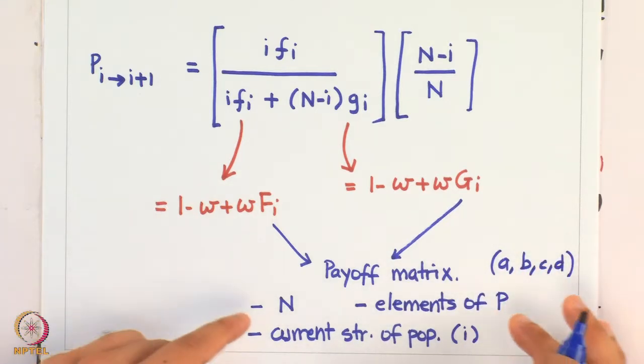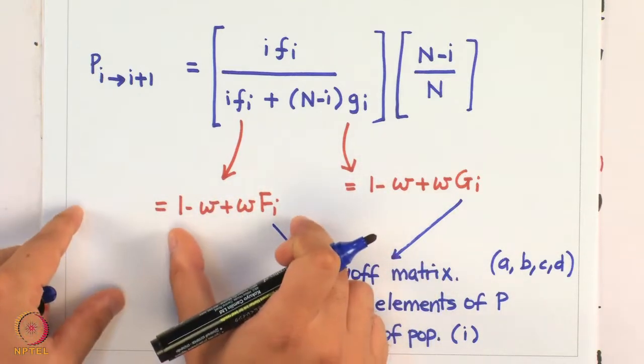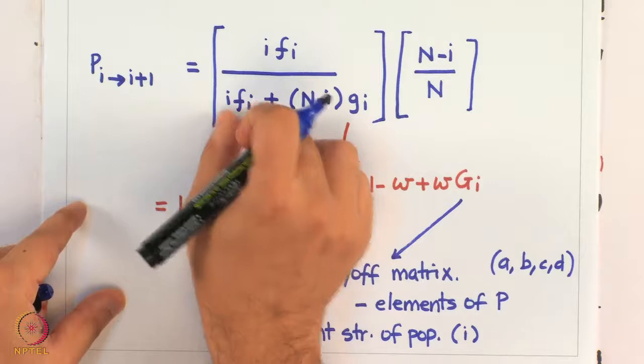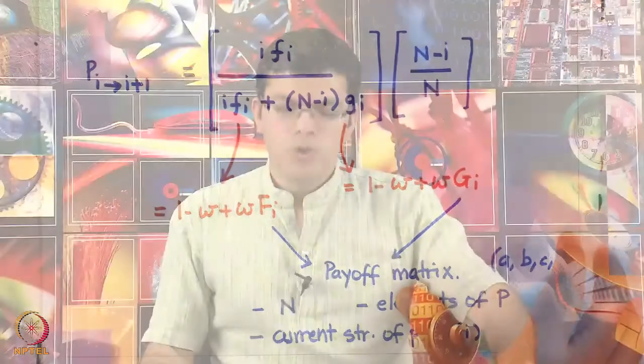If we were to plug the expression for F and the corresponding expression of small f_i into this transition probability, we would get an expression which is very involved. So, without going into that derivation, we are just going to use a result in a very specific setting, where selection effects associated with the payoff matrix are weak.